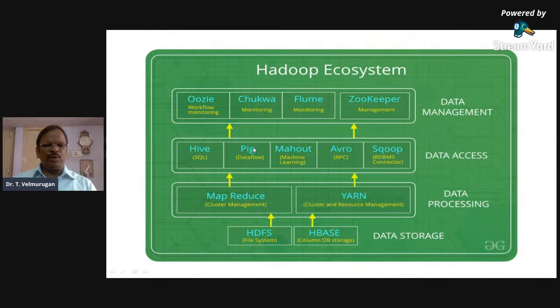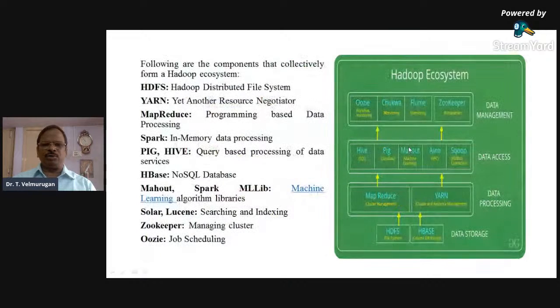Each and every one is called a tool, a framework, and each framework is used for a separate kind of usage. Oozie is used for workflow monitoring, Chukwa is used for monitoring the information, Flume is also used for monitoring and managing the information, and Zookeeper is used. Okay, this is the Hadoop ecosystem.